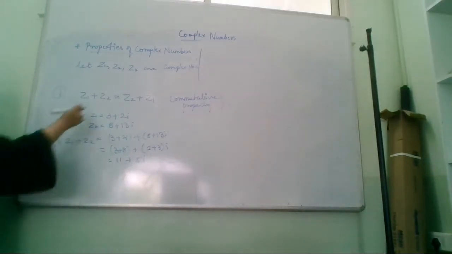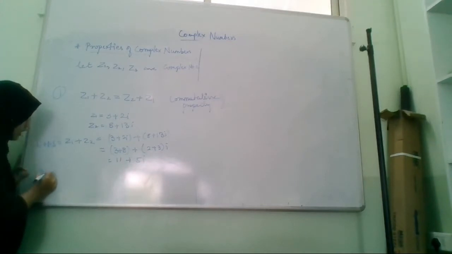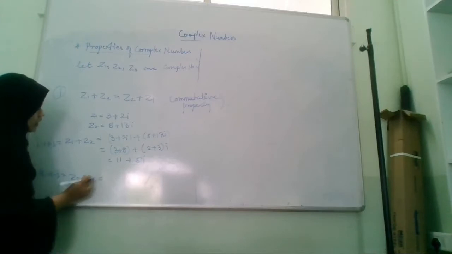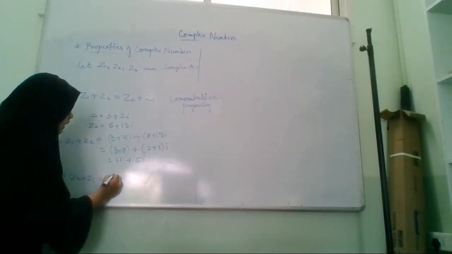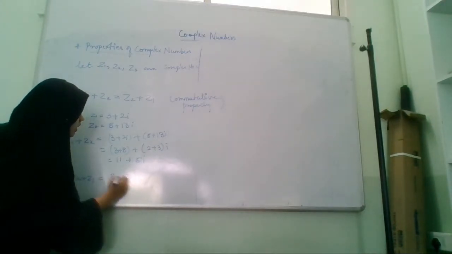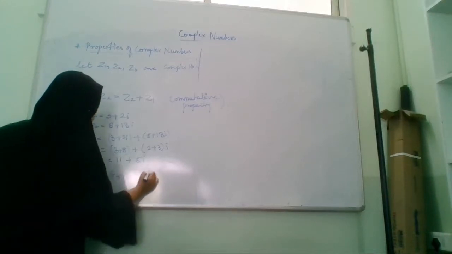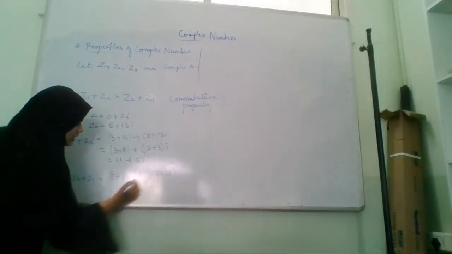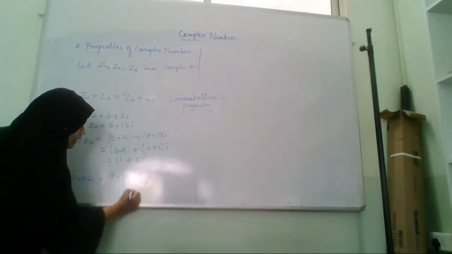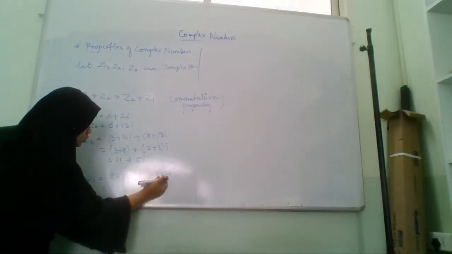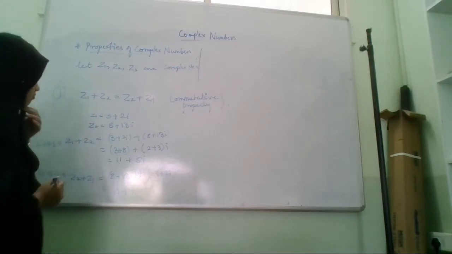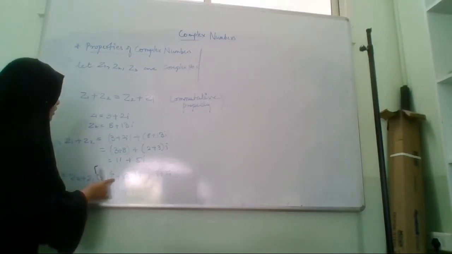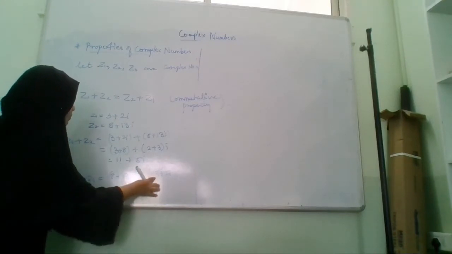Right? Now we will take the RHS, which is equal to Z2 plus Z1. So what is Z2? It is 8 plus 13i. And what is Z1? 3 plus 2i. Right? So 8 plus 3 will be 11. Taking i common, 13 plus 2 will be, just 1 minute, 8 plus 13i and 3 plus 2i.